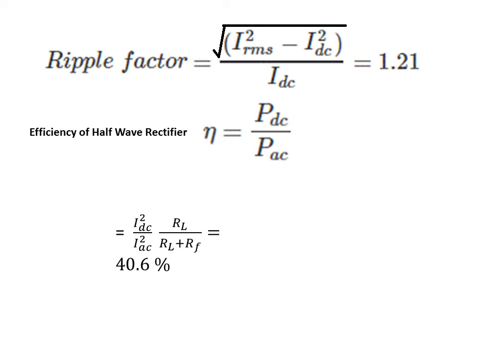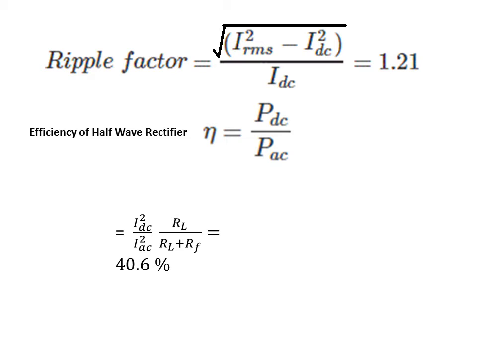So if you divide the whole numerator and denominator with RL, you're going to get 1 divided by 1 plus RF by RL, and it is a small number. You can sometimes neglect it, or you can even write down that equation in terms of this 1 divided by 1 plus RF by RL.